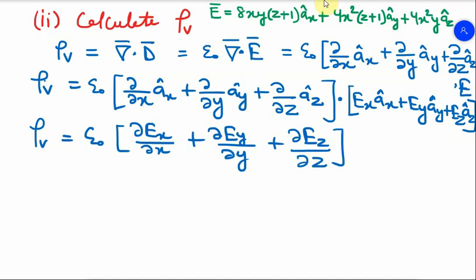What you have to do is differentiate it partially. The ax component is your Ex, the ay component is your Ey and the az component is your Ez, so you differentiate with respect to x, y and z.